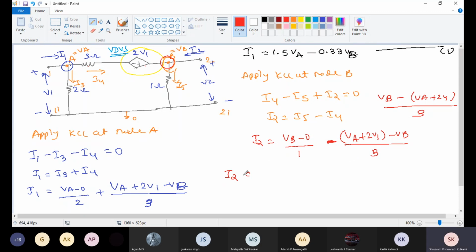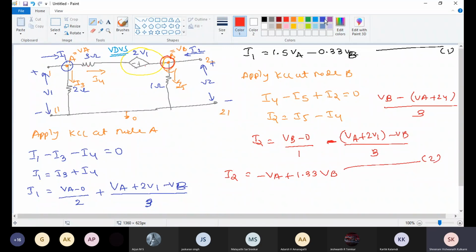After simplifying, I'll get I2 as minus VA plus 1.33 VB. Equation 2.